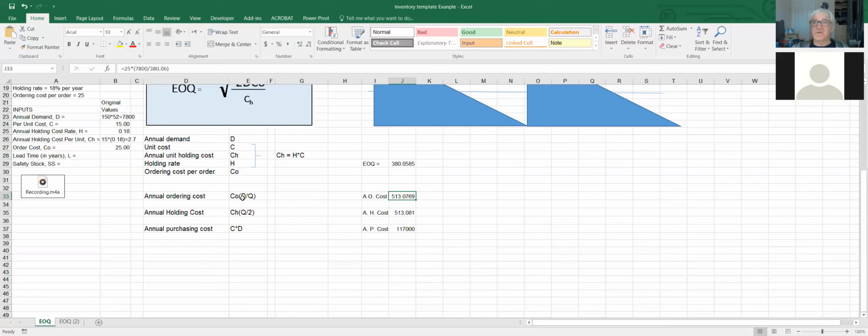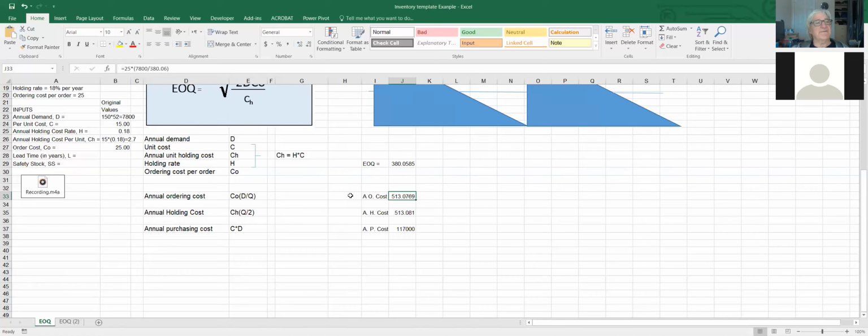Suppose each time you order, it's for 1,000 units, and the demand is 5,000. Then you do it 5 times a year. That's why D divided by Q represents the number of orders per year, multiplied by the ordering cost per order, and you find the annual ordering cost.